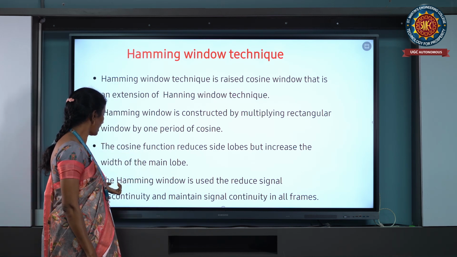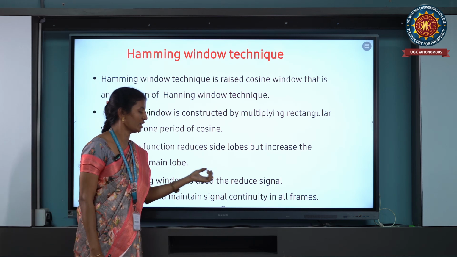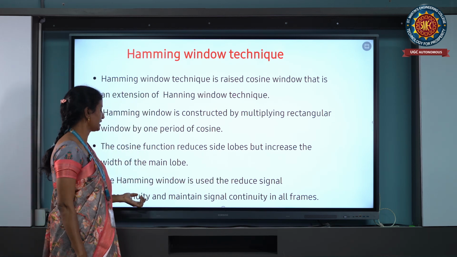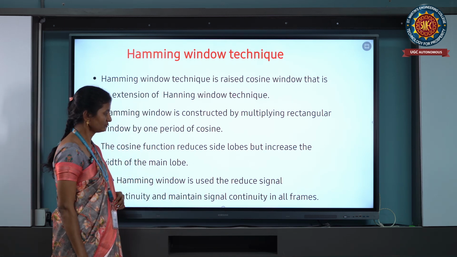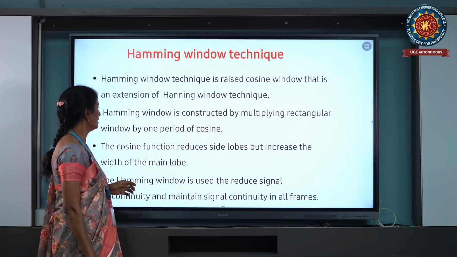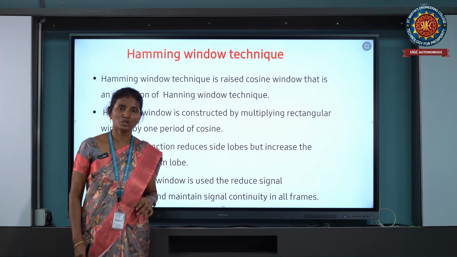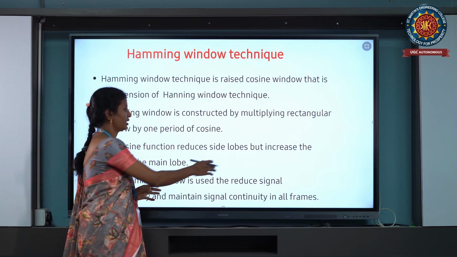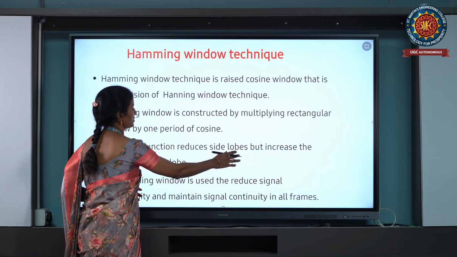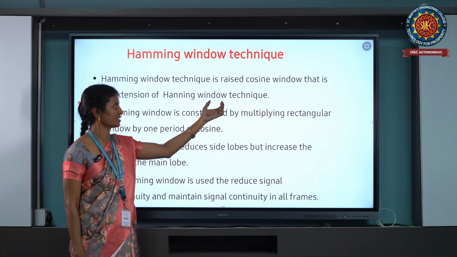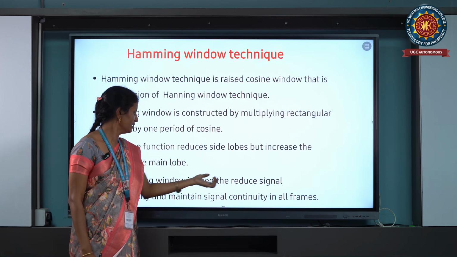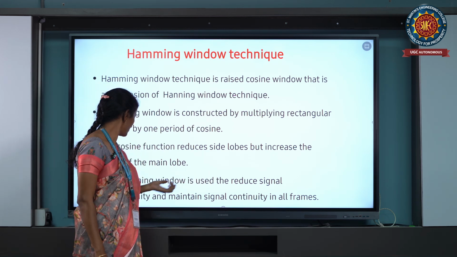The Hamming window is also used to reduce the signal discontinuity and maintain continuity in all frames.